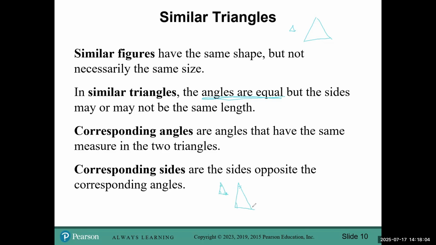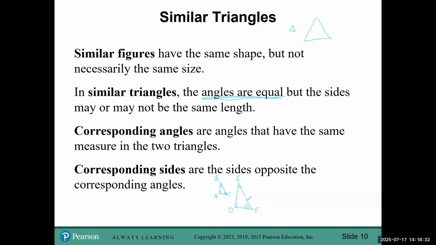And then 3 little lines here show that these angles have the same measure. So these angles are corresponding. This angle A corresponds to angle D, and angle B corresponds to angle E, and angle C corresponds to angle F.